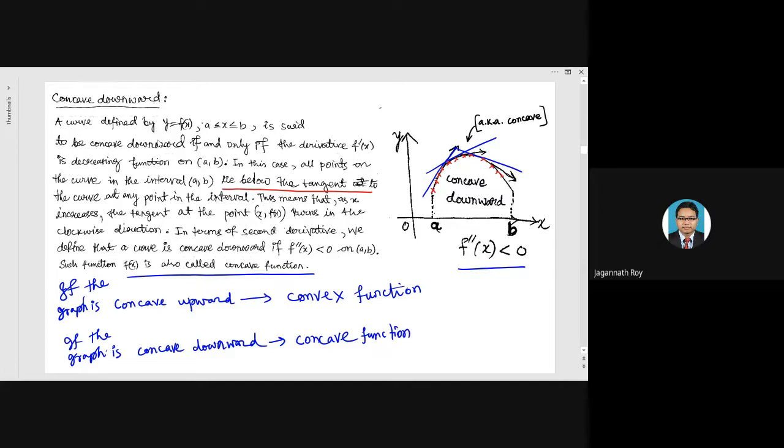In fact, you have studied these functions at +2 level when you studied convex lenses and concave lenses. So the same idea actually.